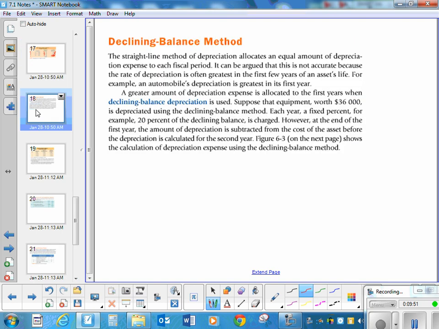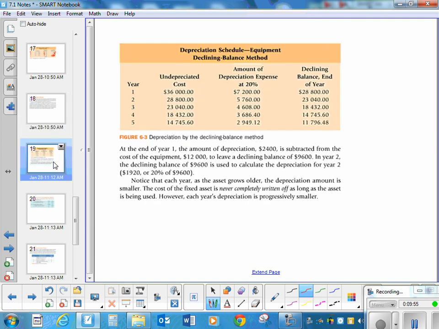The second is called the declining balance method, and I'll show you what this is. It'll look like this. So it's taking 20% of the previous balance. So it's starting at 36,000 in year one. It's depreciating 20% for a total of 7,200. The balance now is it's worth 28,800. This balance then goes into the beginning of year two.